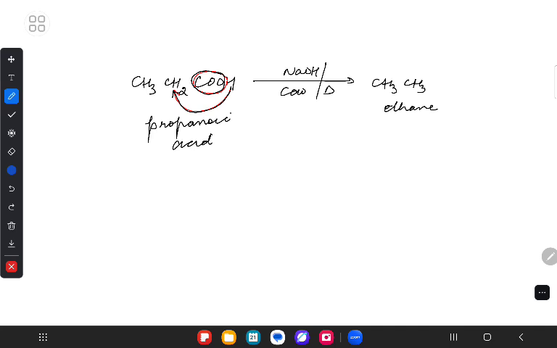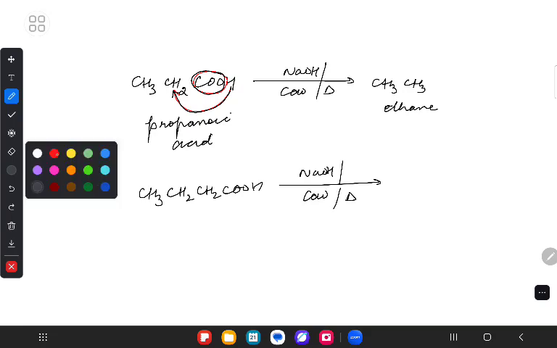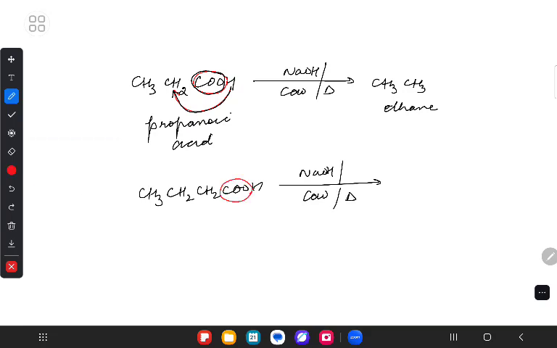Understood my point? So similarly, let's say you have CH3 like this. So you'll have NaOH and you will have CaO and you will have heat. So what exactly is going to happen? We're going to have CaO and this H comes here.